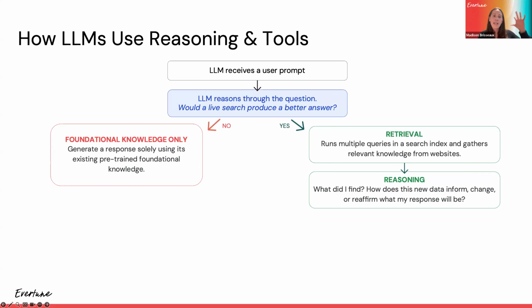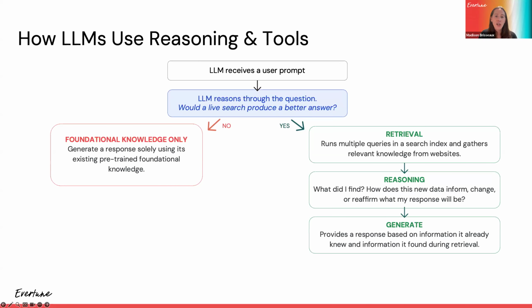So it's taking the foundational knowledge and asking, what does this new information change or reaffirm about what I was going to say? It then generates an answer drawing on both what it already knew and what it found during retrieval. And lastly, it will produce a list of sources that it visited through the live search.